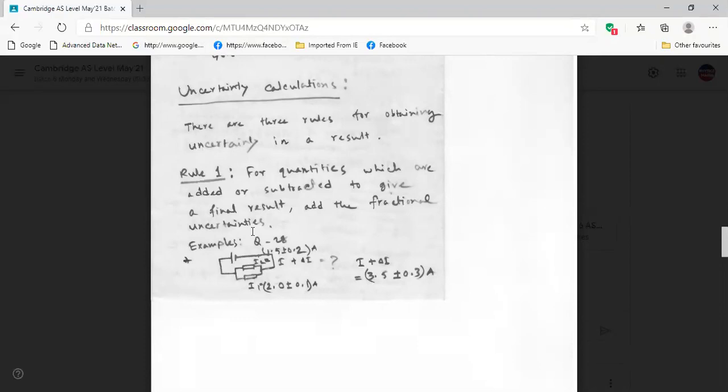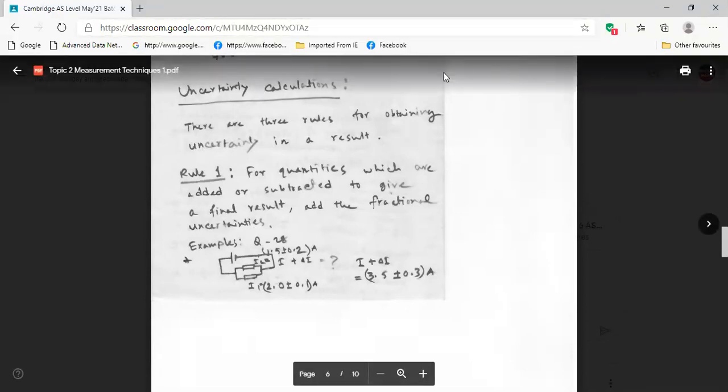Here we have a little bit of correction. You write here absolute uncertainty, not fractional. This one is called absolute uncertainty, not fractional.